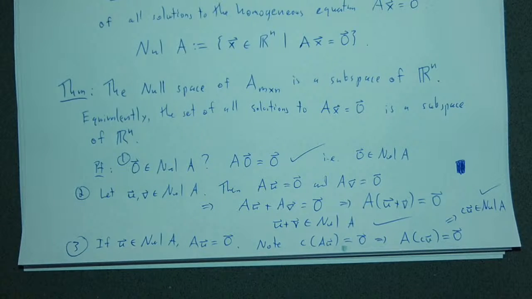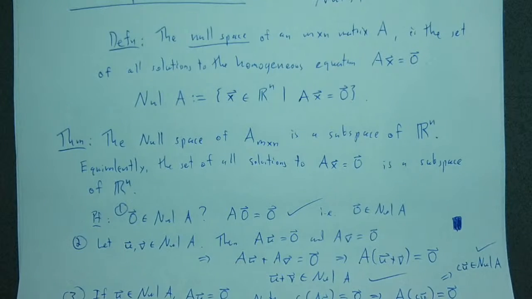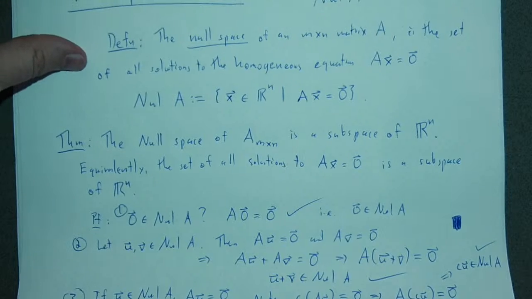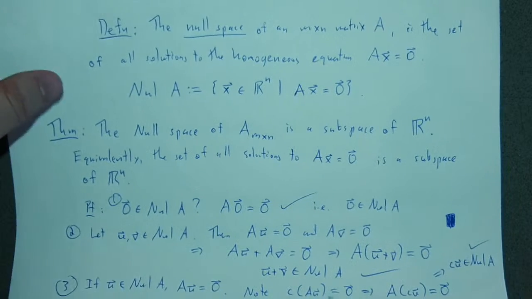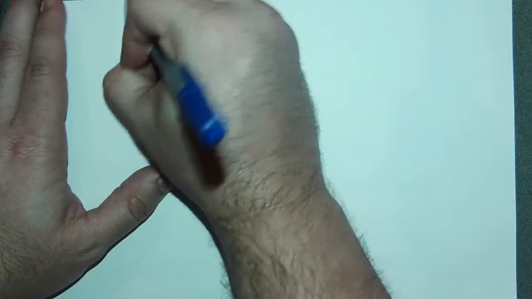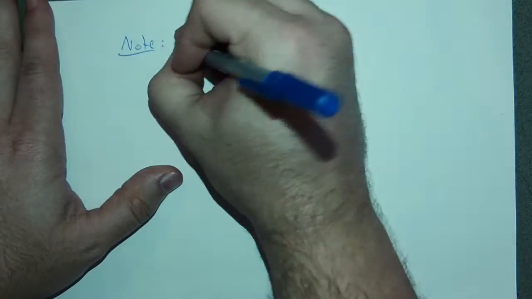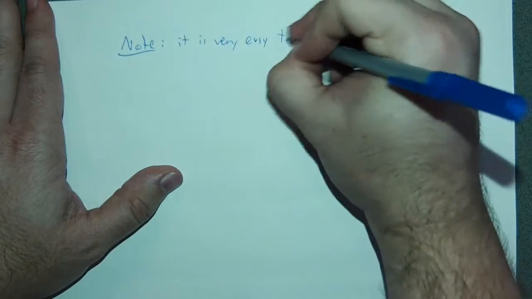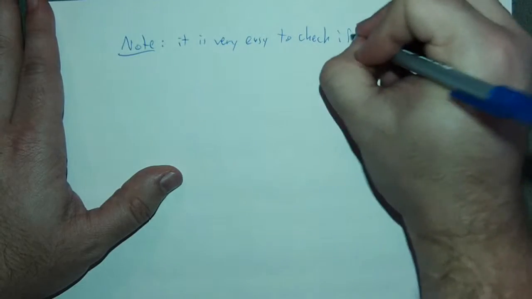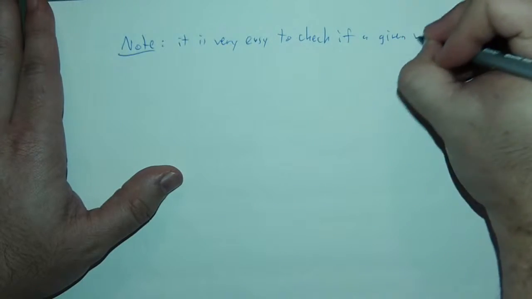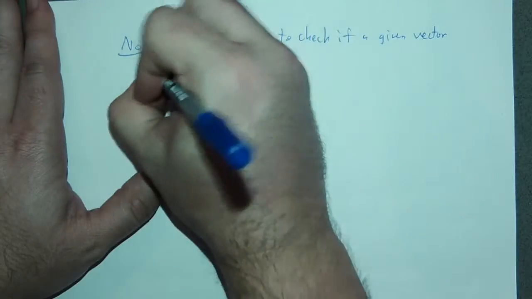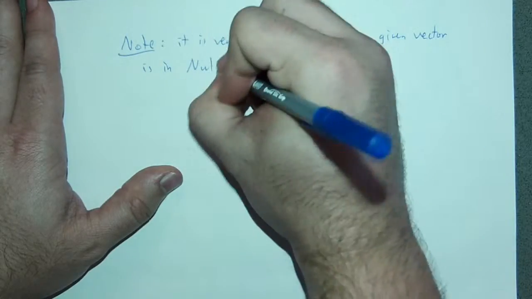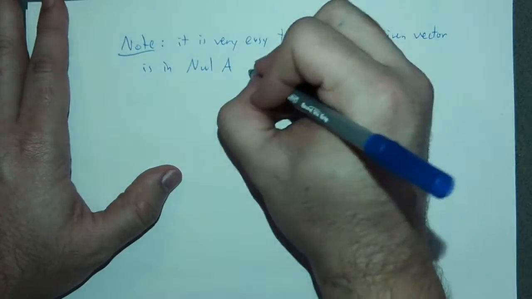Now, the reason I did this proof is to illustrate a fundamental fact. I'm going to be beating you over the head with this because this is a nice characterization of the null space. Note, it is very easy to check if a given vector is in the null space of A. What do I do?